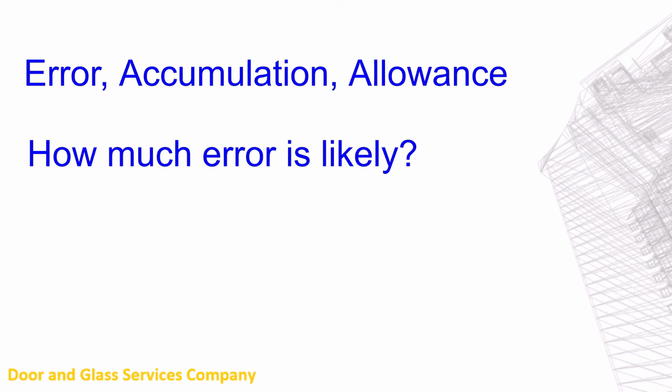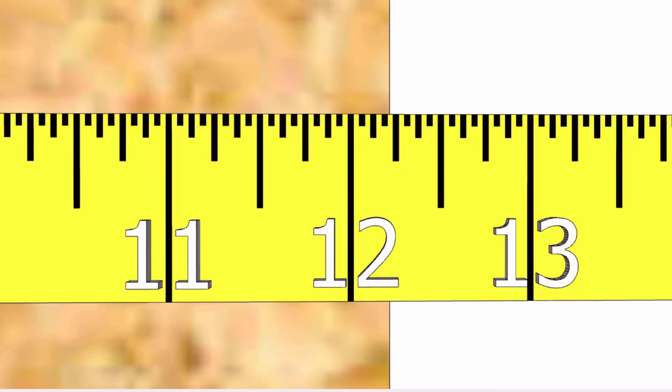Error is contained in every measurement. Therefore, it is necessary to understand how to correctly anticipate the amount of error which is likely. As discussed, the company anticipates a maximum measurement error of 1/16 of an inch.